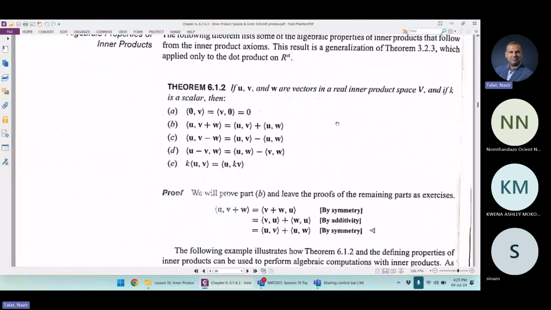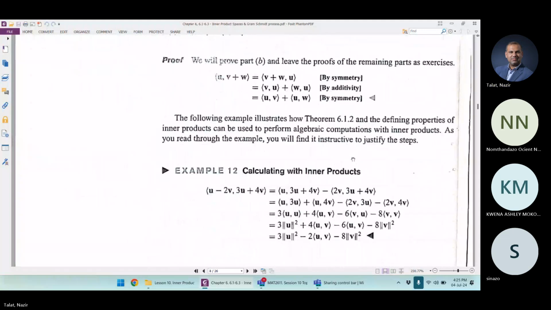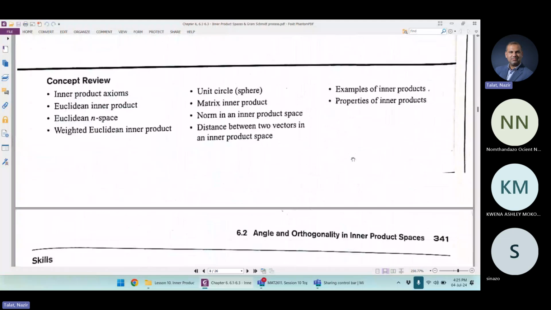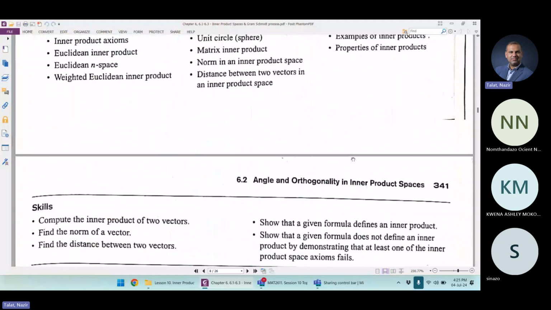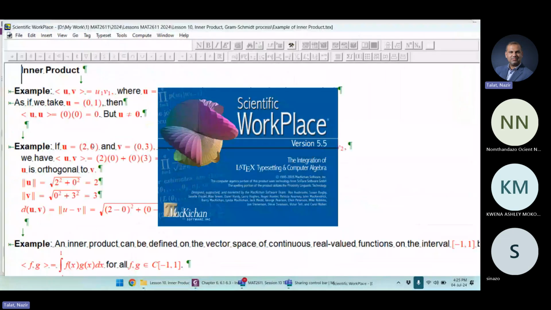Now one can see that the norm always satisfies useful properties: if there is a zero vector, then the inner product of 0 with v is equal to 0, and it also satisfies distributive properties. Moreover, these are useful, and now I can show you some results which follow from the inner product.